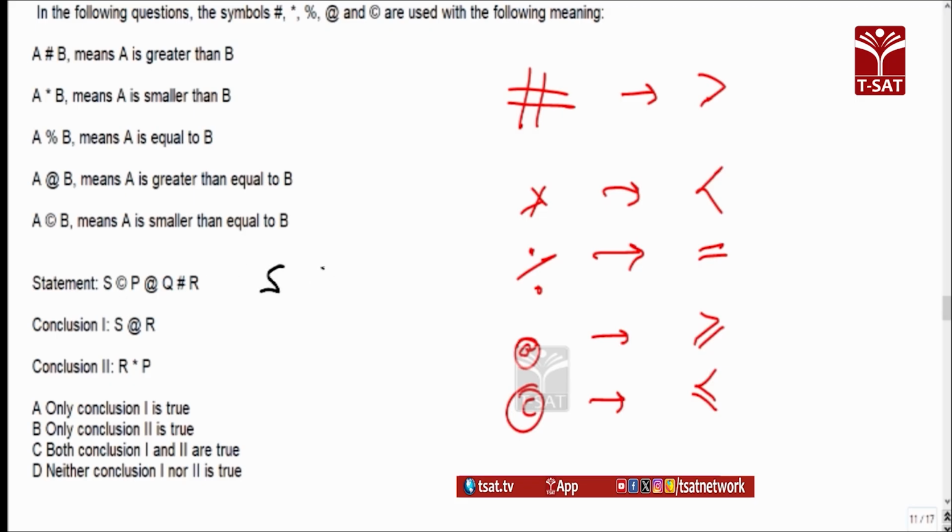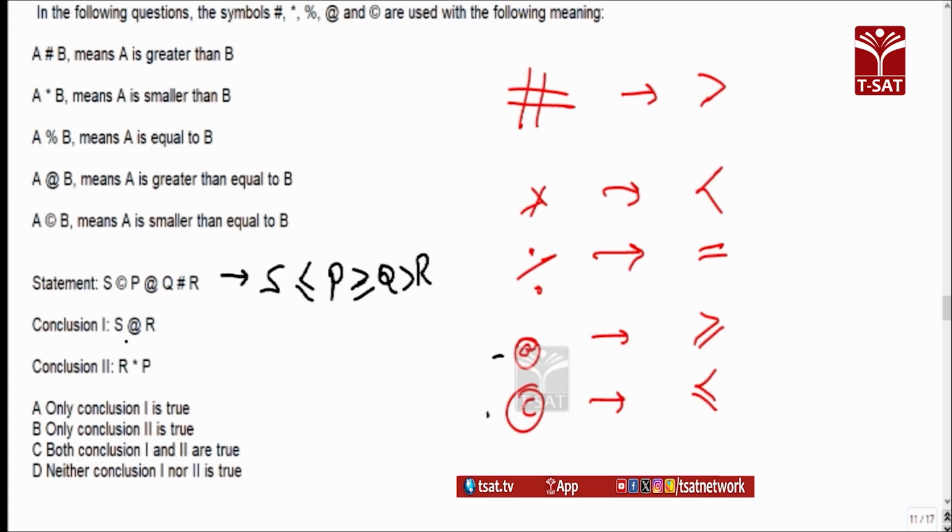The statement is in between S, P, Q and R. So S C P means the symbol C represents less than or equal to P. Now P at the rate Q, so the at the rate symbol represents greater than or equal. Now this hash symbol represents only greater than. So this statement is converted now into greater than and lesser than.